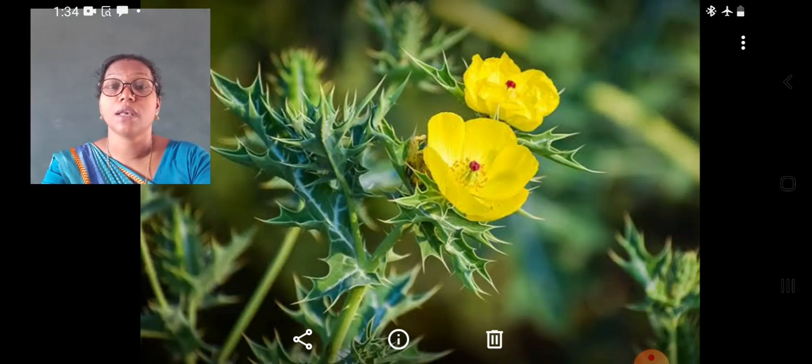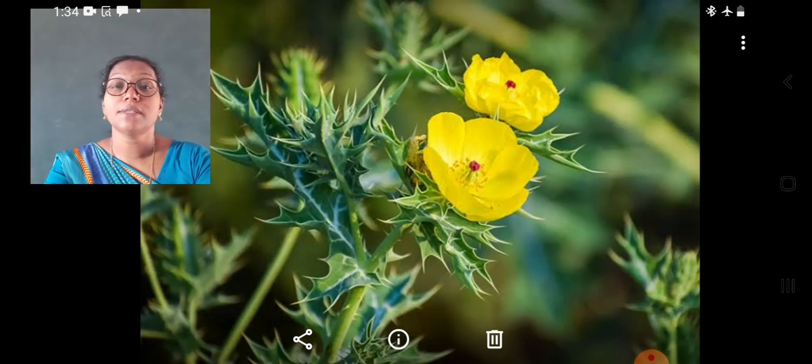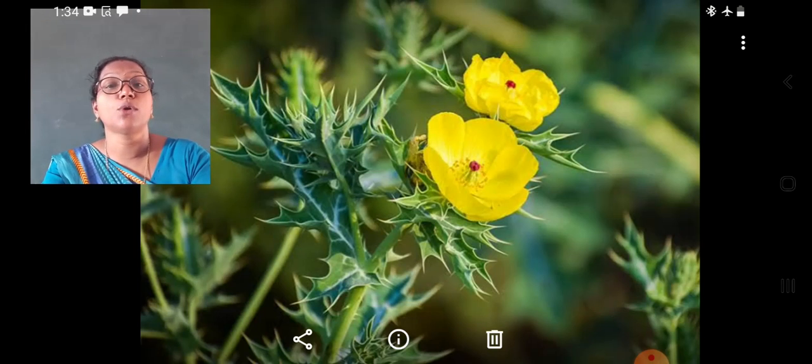We have seen some of the weed plants having thorns in their leaves. All these are for their defense. In desert plants, the thorns reduce the rate of transpiration and the stem does the process of photosynthesis.